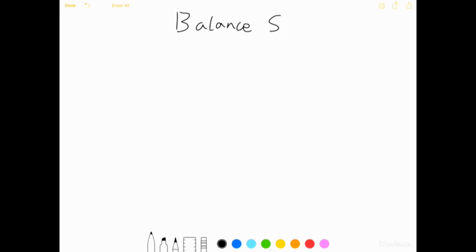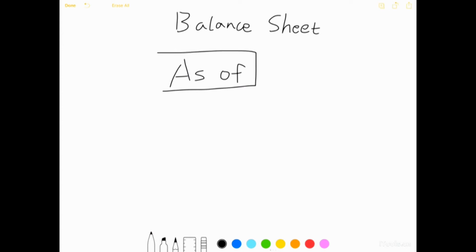All right, so now let's think about the balance sheet. It's essentially a list of all these accounts. You simply put all these accounts into the balance sheet as of a certain point in time. I want to make it really important for you to understand that "as of" is the date for the balance sheet.